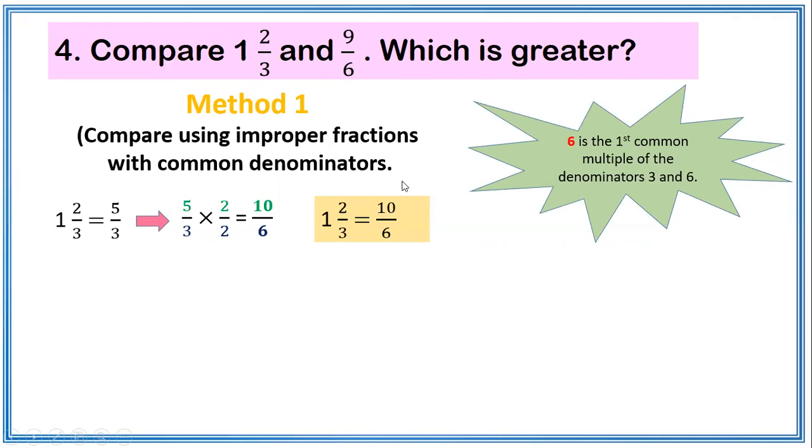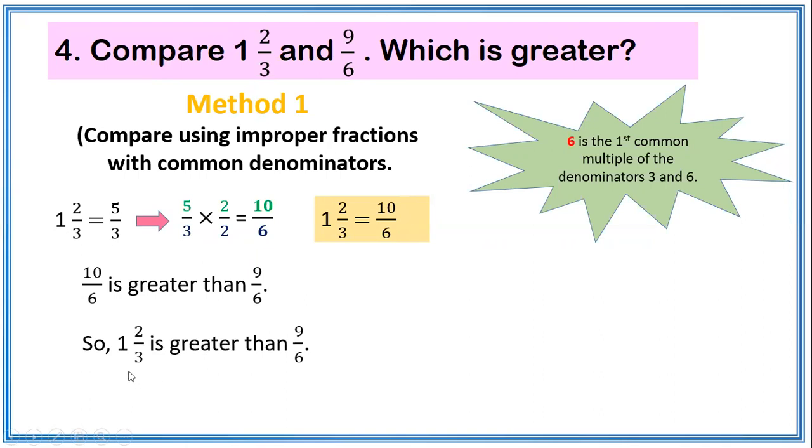Now we have the same denominator, 10 out of 6 and 9 out of 6. 10 out of 6 is greater than 9 out of 6. So 1 and 2 out of 3 is greater than 9 out of 6. So in symbol, this is how we write it.